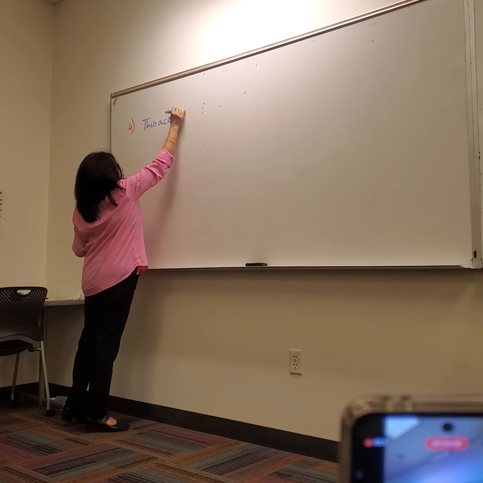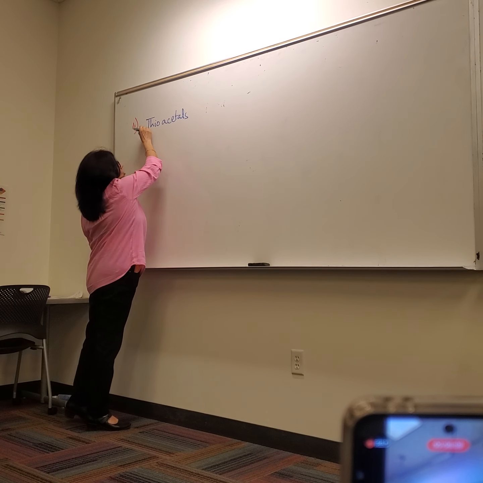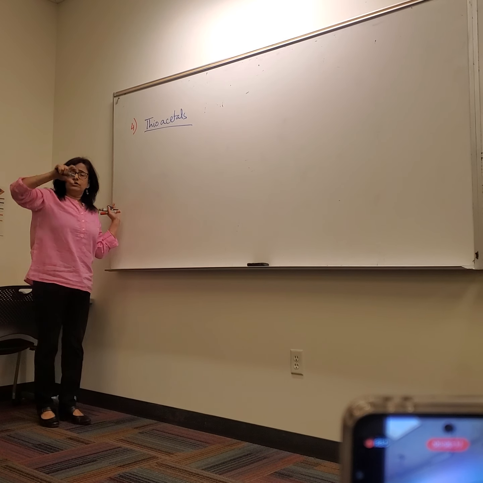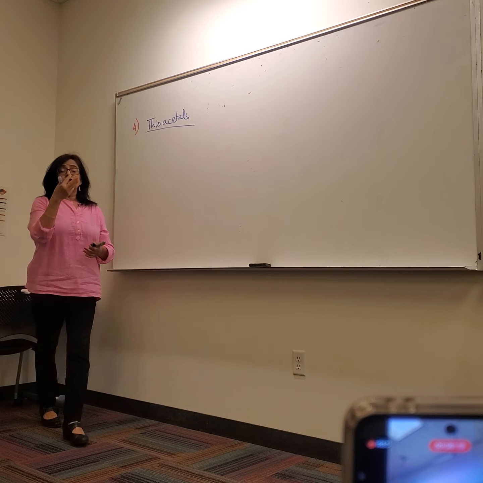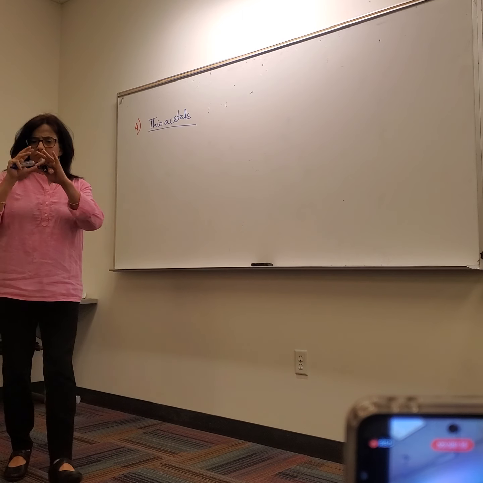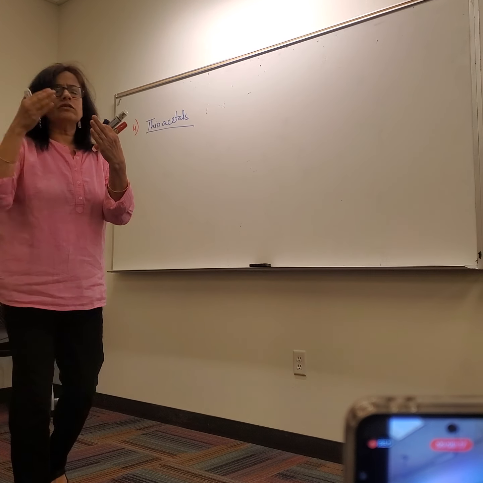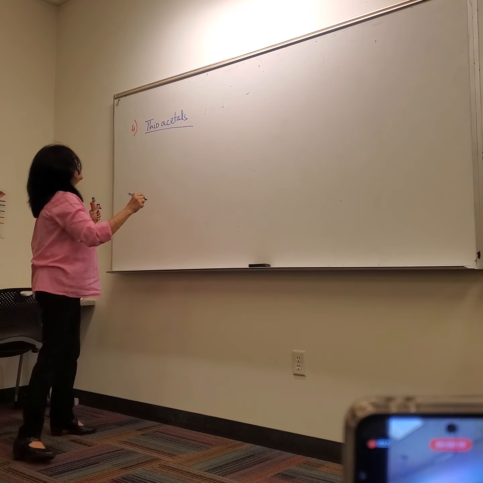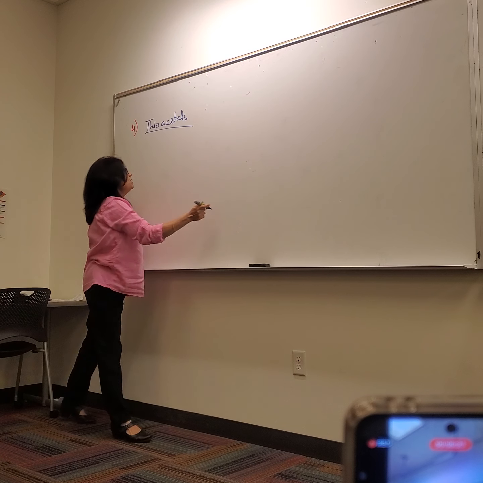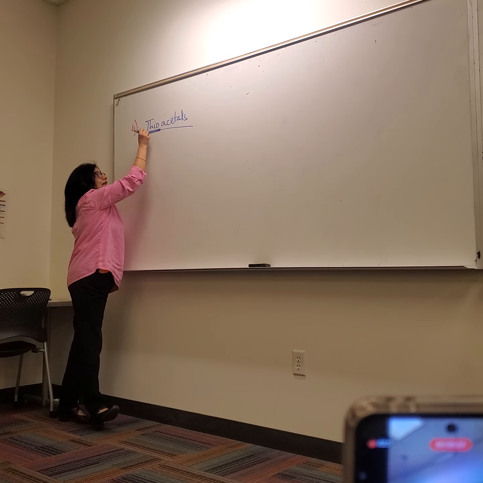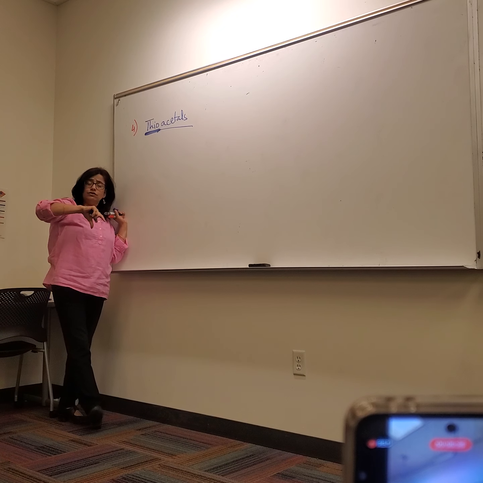Thio refers to sulfur, by the way. Thiols are alcohols with sulfur instead of oxygen. Thioketones are ketones, but instead of oxygen you have sulfur, and so on. Thioesters and so on. Thio indicates sulfur instead of oxygen.